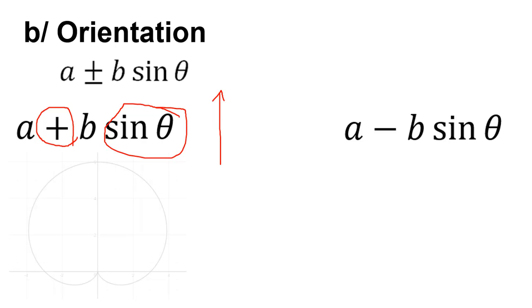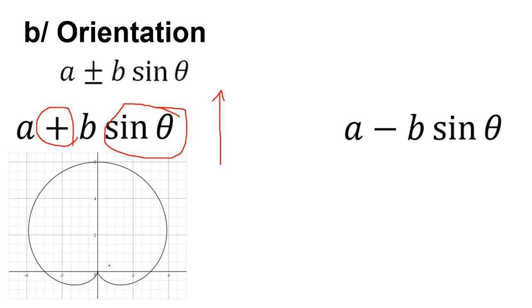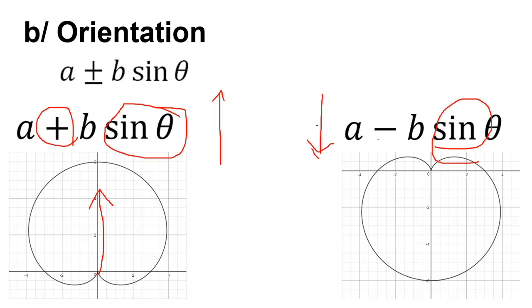So here is the graph. This goes up. And for a minus b sine theta, it must go down, because of the negative sign, it must go down here like this.